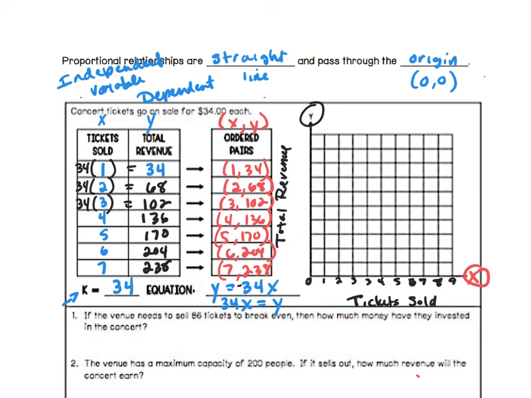Now, the y-axis is a little bit trickier. If I tried to go from 1, 2, 3, 4, I'd never make it up to 34. So I'm allowed to create what's called a different scale as long as I'm consistent. So I'm going to put 34, and as long as I'm going up by 34s each time, that's okay. So I'm going to use the numbers that are given.